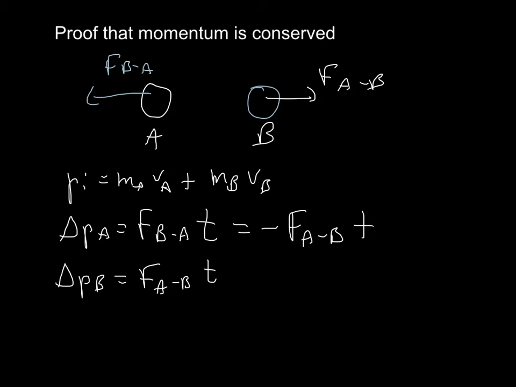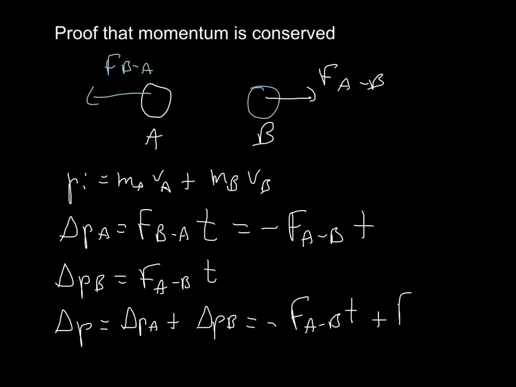So now I want to find the total increment in momentum, and the total increment in momentum will be the increment in momentum for ball A plus the increment in momentum for ball B. So this plus this. And you can already see that when I do this, the total increment in momentum will be minus F_AB T plus F_AB T. And you can see that these two things are equal and opposite, so they go.